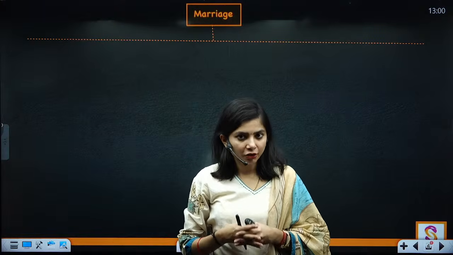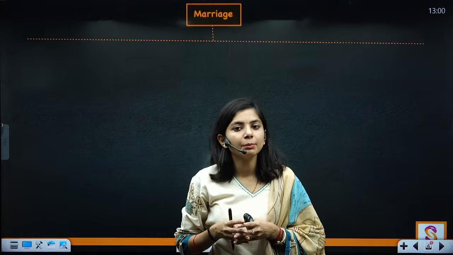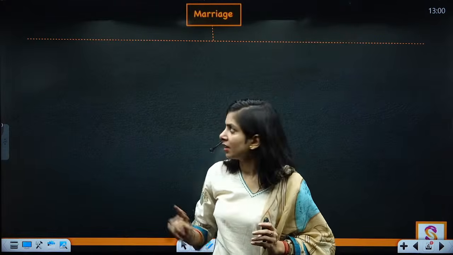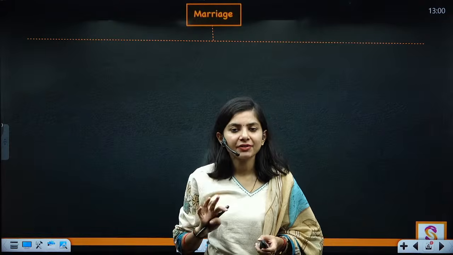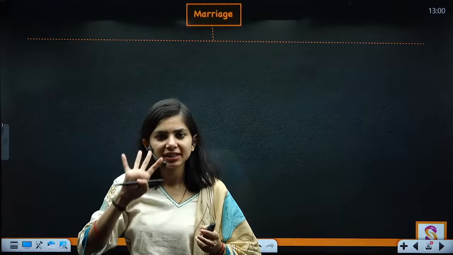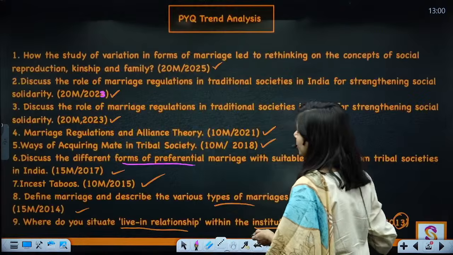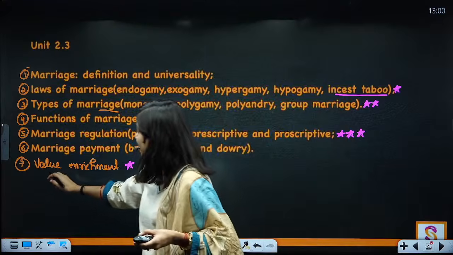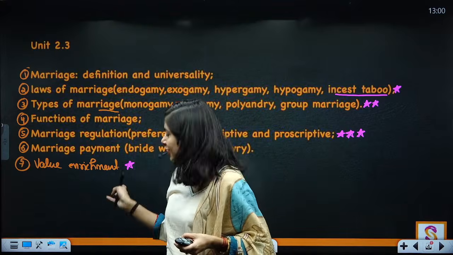Index means the introduction, which provides us a blueprint of the complete section of a certain unit. So this marriage unit, as per the basic syllabus, specifically mentions 6 parts, and I have told you that these are the 6 parts. The 7th part we are taking up for our own value enrichment.